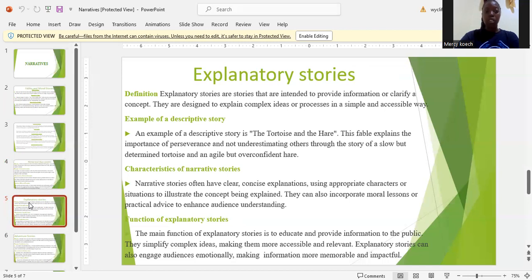The main function of explanatory stories is to educate and provide information to the public. They simplify complex ideas, making them more accessible and relevant. They can also engage audiences emotionally, making information more memorable and impactful.